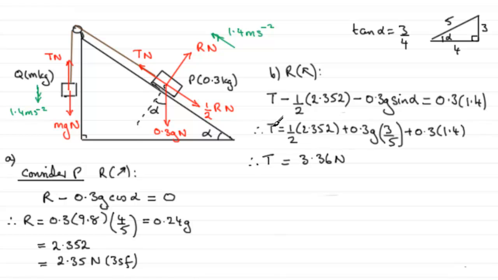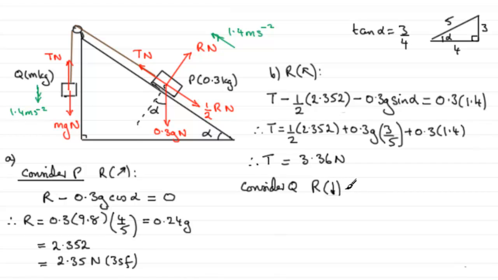So now that we've got the tension T, we can pass it on through to the particle Q. So consider Q. When we consider Q, we want to resolve in the direction of motion, and that direction is downwards.